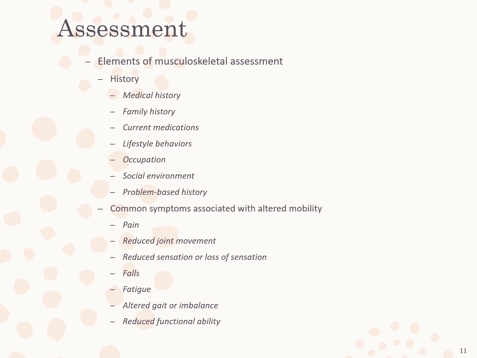Expected findings include an erect posture, symmetry of extremities, gait that is smooth, coordinated, and balanced, and a spine that is straight with expected curvatures. Muscles and joints should be assessed for size, symmetry, strength, range of motion, and stability. You're going to compare right and left sides.